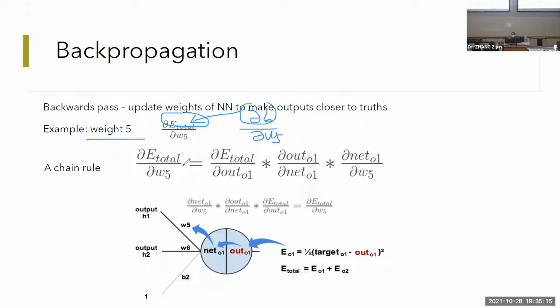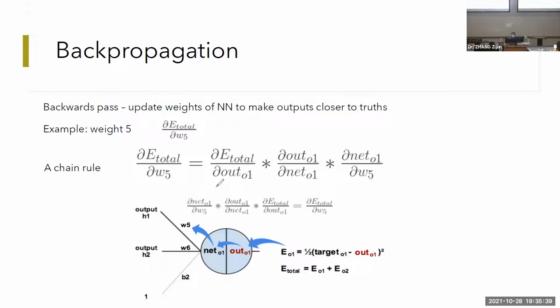We actually need to apply the chain rule to do the next computation. So this derivative of E total against weight 5 can be written as a chain rule. These terms could be canceled out, but we don't cancel them yet.